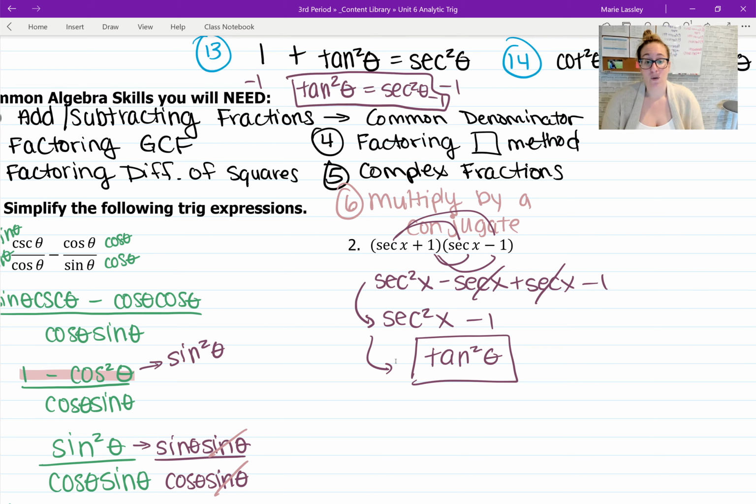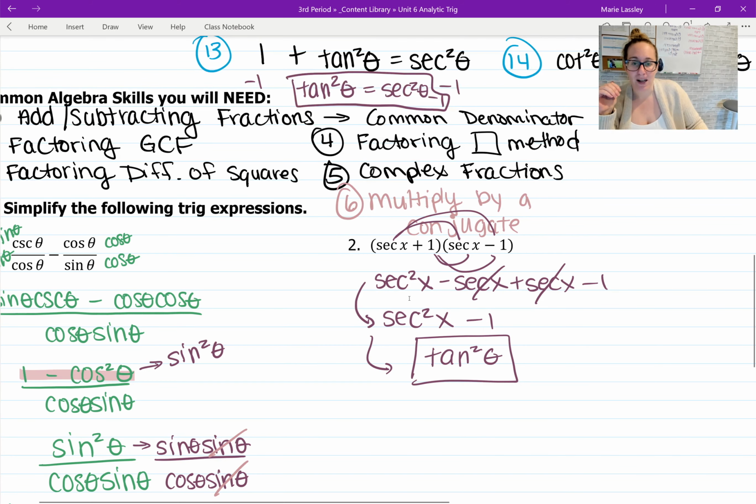But yeah, so just to recap, I know this seems kind of ridiculous that we're doing this, but think about the benefits this has when we're trying to solve an equation. If we're looking at a problem like number 2, and we have this whole piece equals some number, if we can simplify it down to tangent squared equal to some number, that's so much easier to solve than these two binomials times each other.